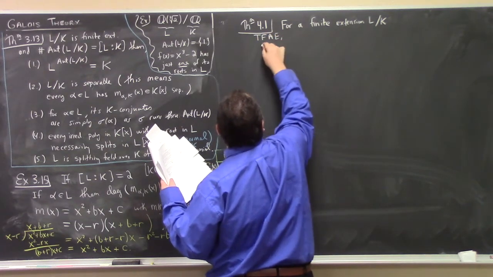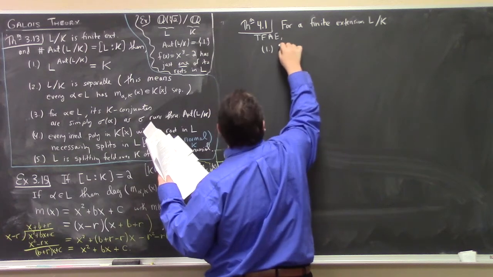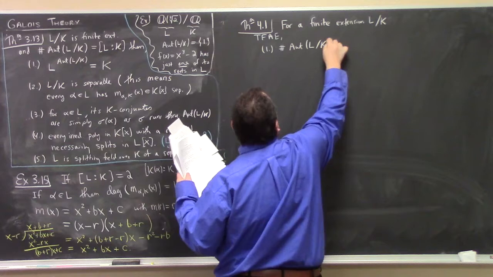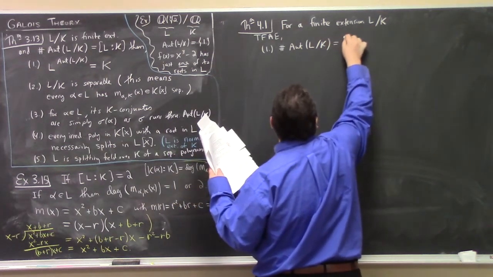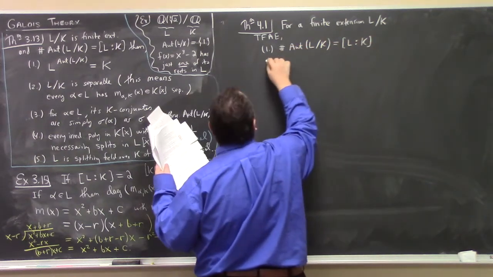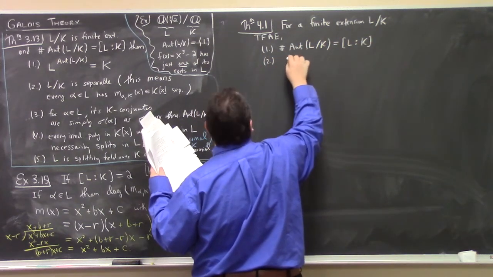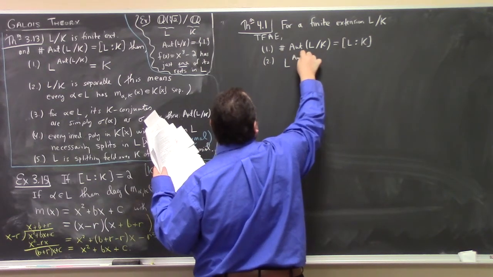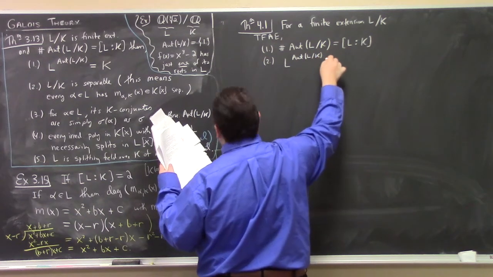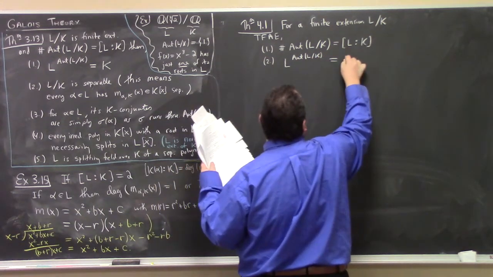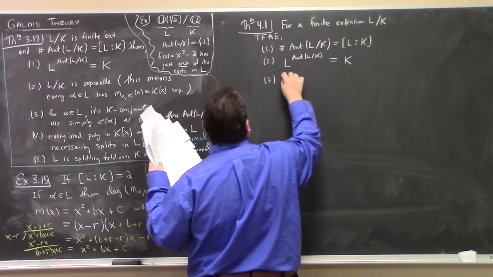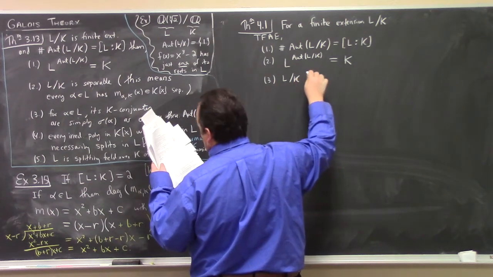1, the number of K-fixing automorphisms of L is equal to the degree of the extension of L over K. 2, the fixed field of the K-fixing automorphisms of L is just K again. 3, L over K is separable and normal.